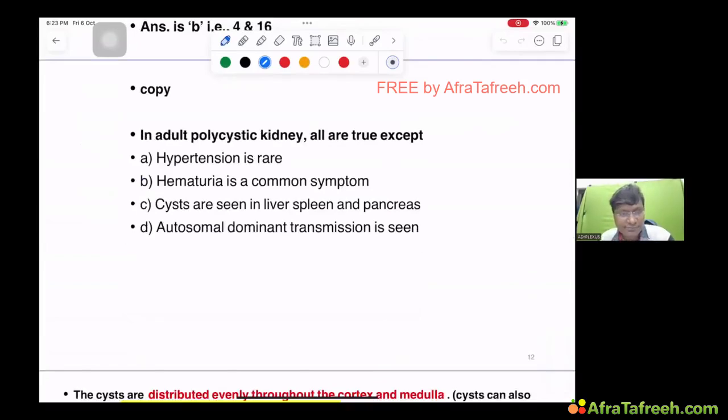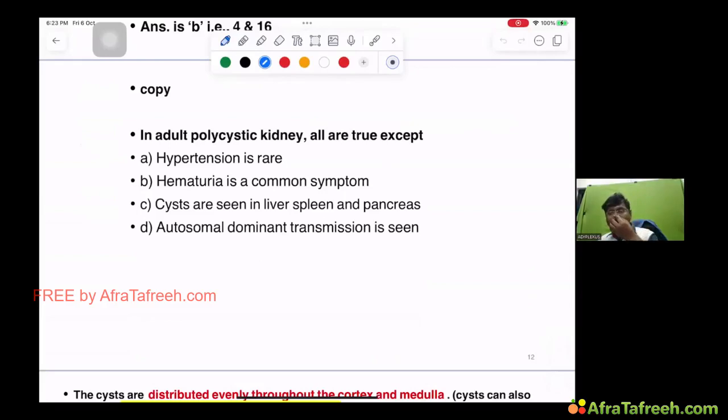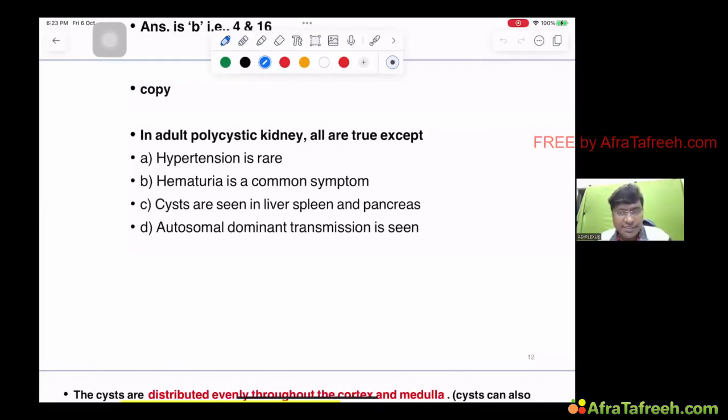All are true except. Right. So which is the incorrect statement here? That is the first option, A. Hypertension is rare in adult polycystic kidney disease is the wrong statement. We have discussed that it is present in almost 75% of patients.